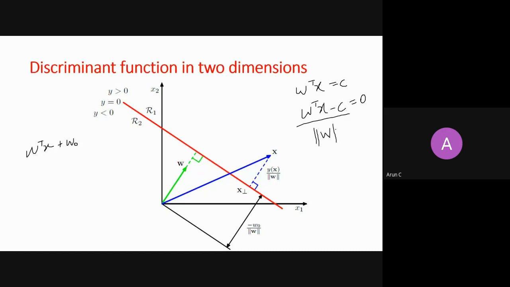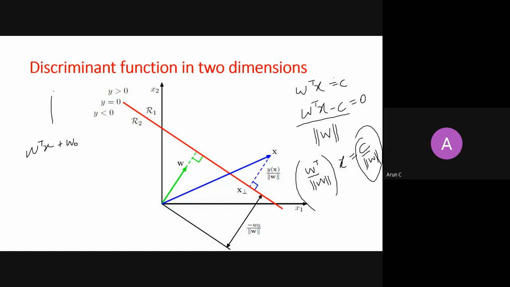The orthogonal distance will be W transpose x upon norm of W, which is nothing but a unit vector, into x, equals C upon norm of W. C upon norm of W. As per this equation, this is my perpendicular distance. It is C over norm of W.